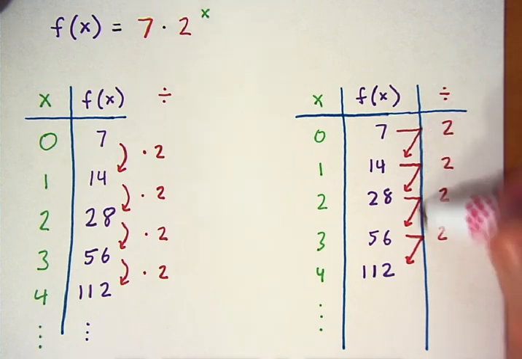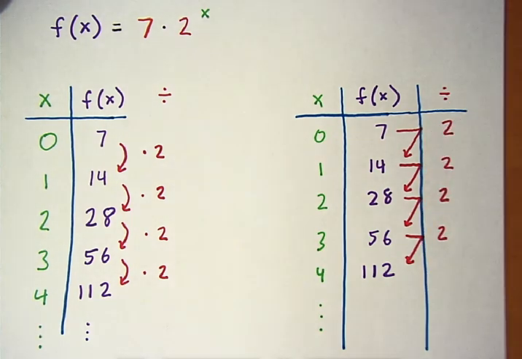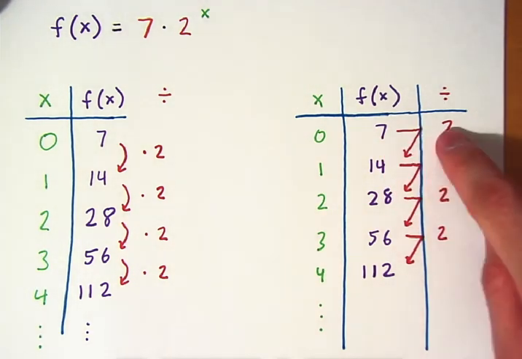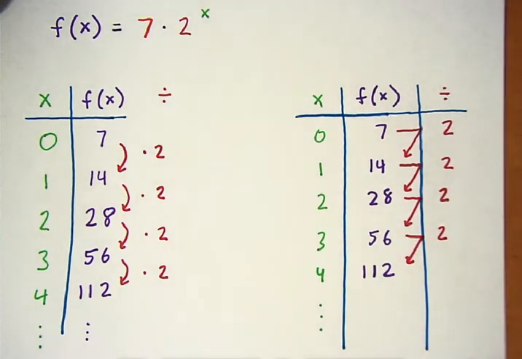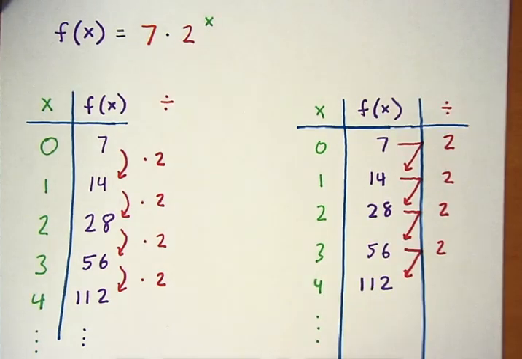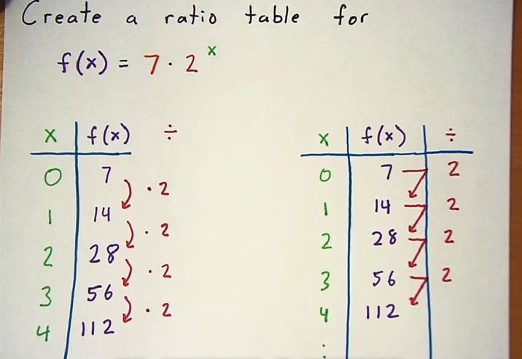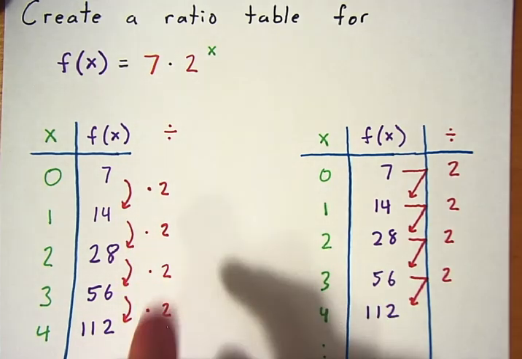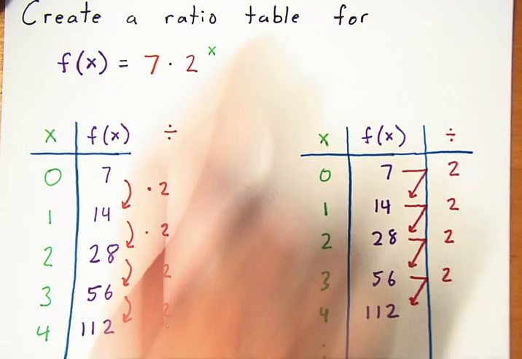These arrows are not actually written. I'm writing it for the purpose of this video, just to show you exactly how I'm getting that 2. All right. So if you have an equation and you're asked to create a ratio table, this is how you would do it.